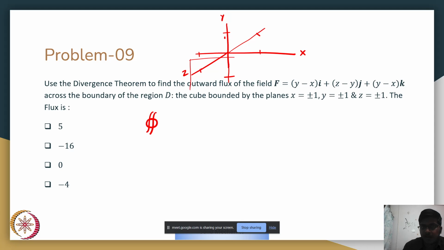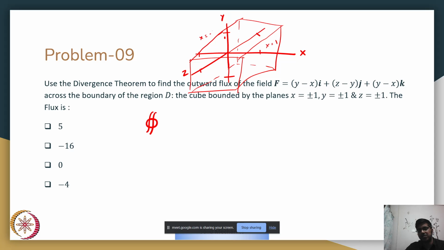It would look something like this. So this is plane x equal to 1, this is x equal to minus 1, z equal to 1, z equal to minus 1, y equal to 1, y equal to minus 1.